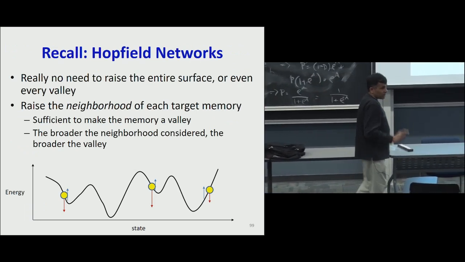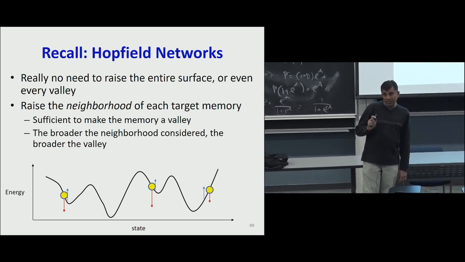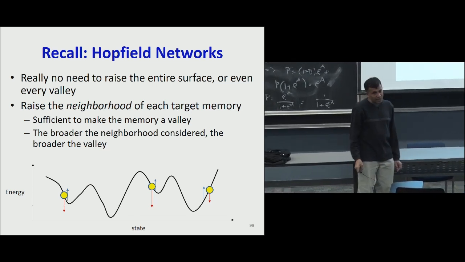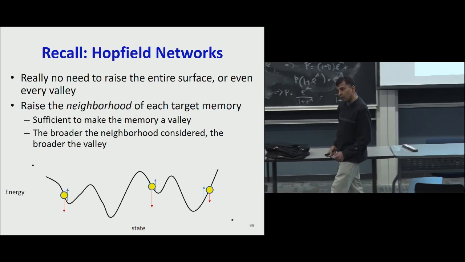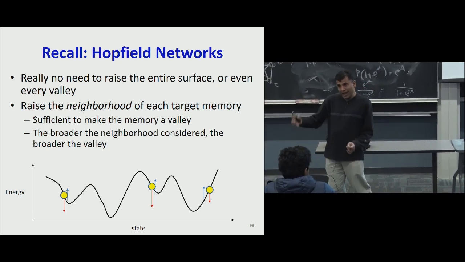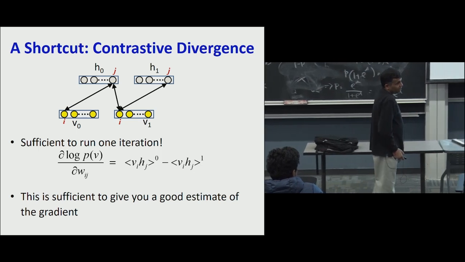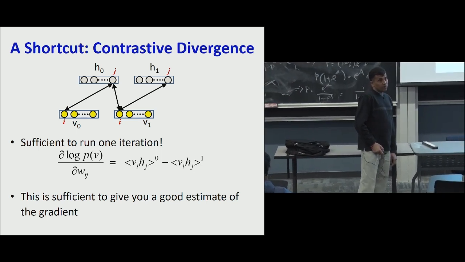But then remember, when you go back to Hopfield networks, we said something very interesting. I said I didn't need to let this guy evolve all the way to the bottom of the valley. I just needed it to evolve 1 or 2 steps. And that pulls up the neighborhood, right? I can use the same trick over here. It actually simplifies things even further.